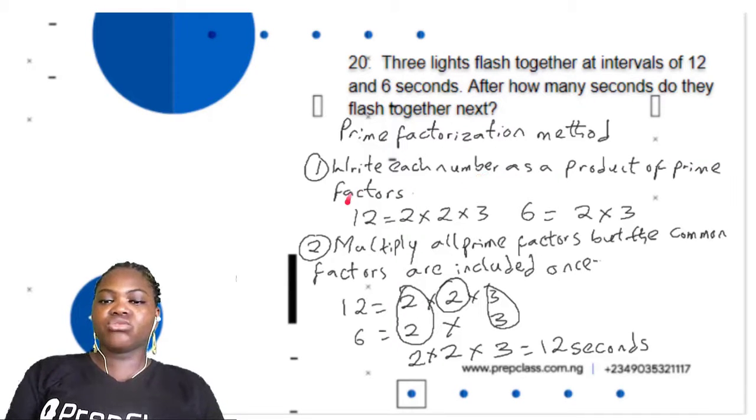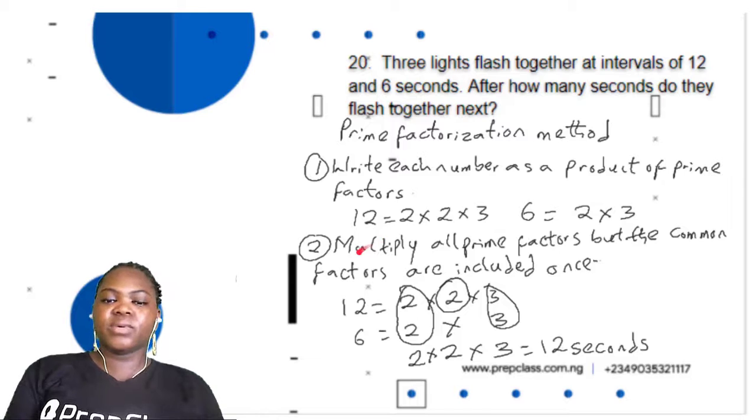So we have 12 and 6. The prime factors of 12 are 2, 2, and 3. So 2 multiplied by 2 multiplied by 3 will give us 12. And the prime factors of 6 are 2 and 3. 2 multiplied by 3 would give us 6.